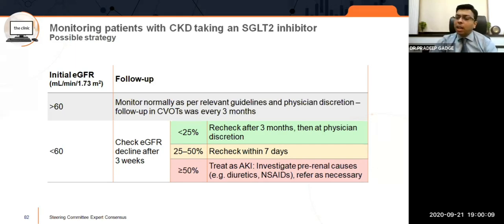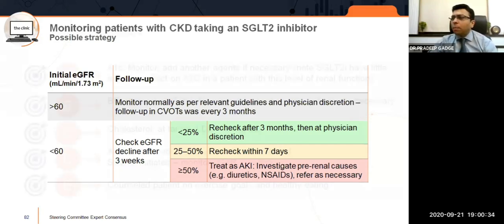A lot of patients are very fond of taking diclofenac, and for a little bit of aches and pains they take diclofenac, and then they have problems. So a lot of things may be responsible for this AKI. There could be loose motions, diarrhea, fluid loss, which can be responsible. So try and look into all those things and accordingly treat them as AKI.